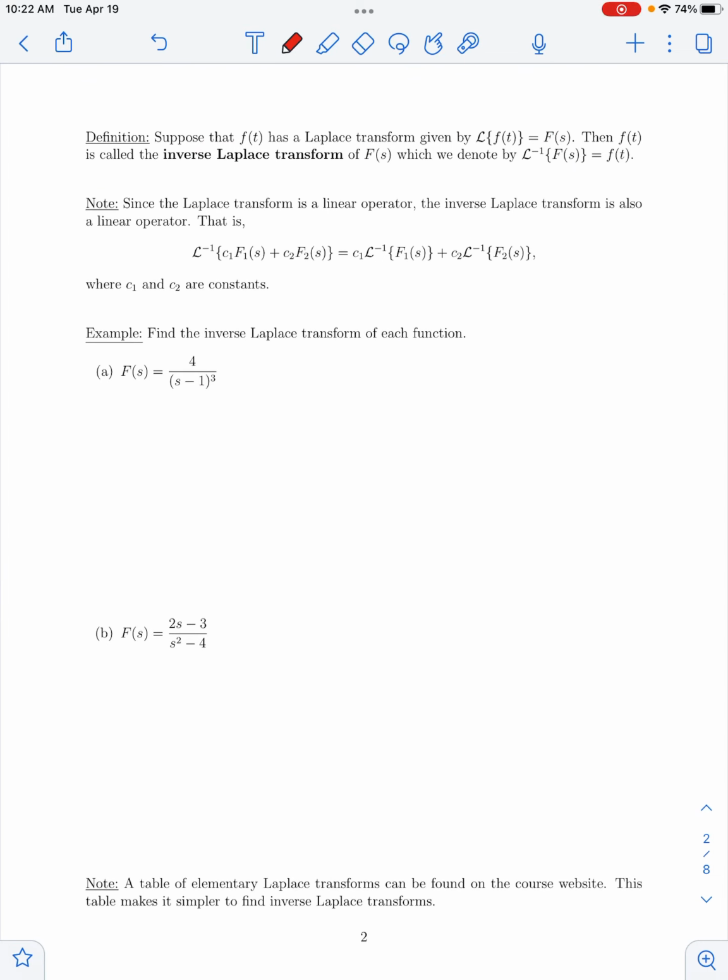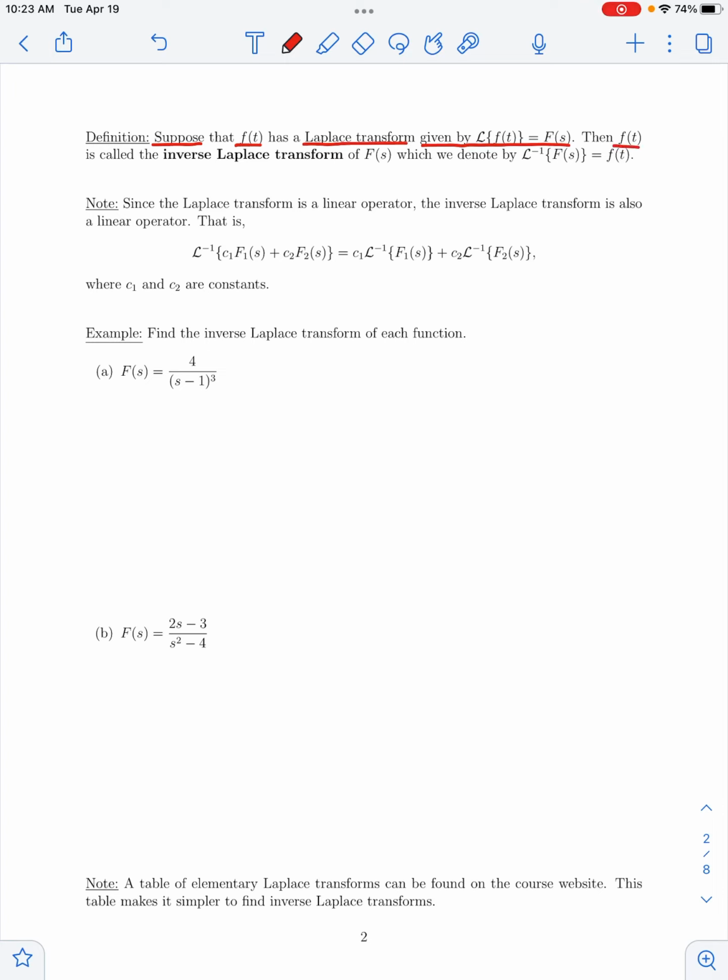Now, the next thing that we're going to discuss in this section, before we can start seeing how the Laplace transform is used to solve initial value problems, is the concept of an inverse Laplace transform. So let's look at a definition here. Suppose that we have a function f of t, which has a Laplace transform given by capital F of s.